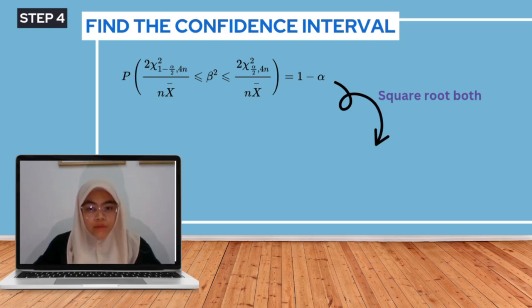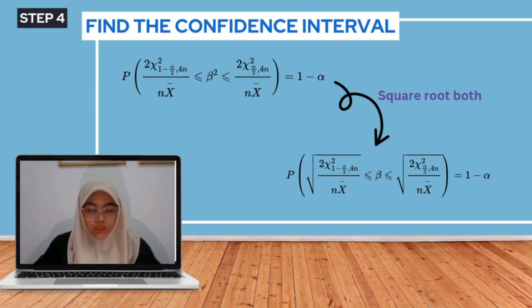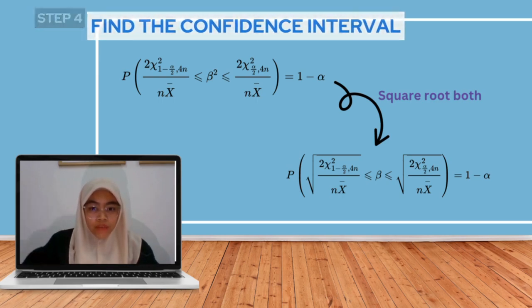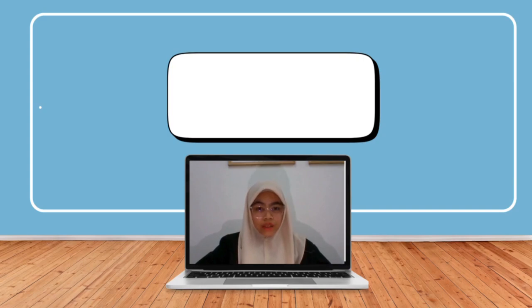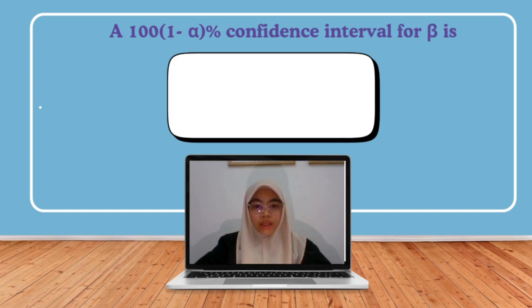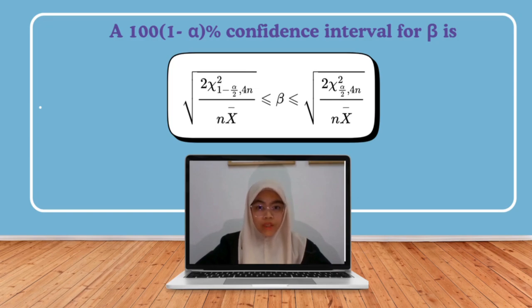So we will get P(square root of 2 chi-square 1 minus alpha over 2, 4n divided by n x bar less than or equal to beta less than or equal to square root of 2 chi-square alpha over 2, 4n divided by n x bar) equals 1 minus alpha. Therefore, the 100(1 minus alpha)% confidence interval for beta is the square root of 2 chi-square 1 minus alpha over 2, 4n divided by n x bar less than or equal to beta less than or equal to the square root of 2 chi-square alpha over 2, 4n divided by n x bar.